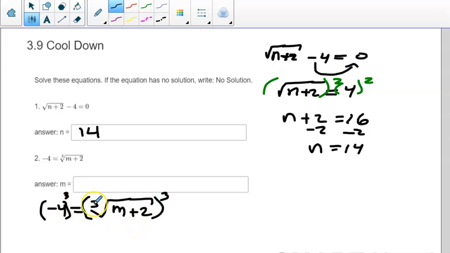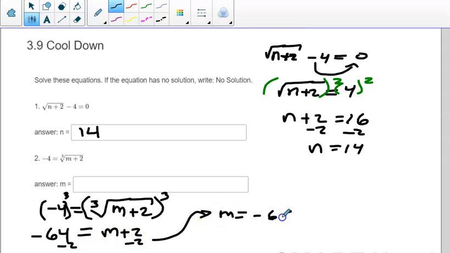So the cube root and the cube cancel out, so I have m plus 2. Here is -4 times -4 times -4, which is -64. I subtract 2 from both sides and I get m is equal to -66.